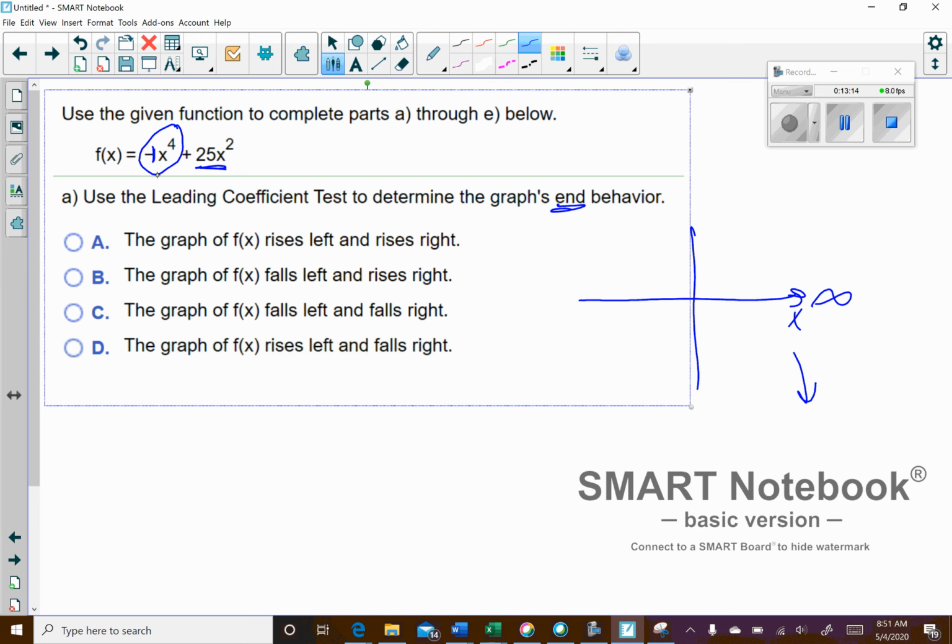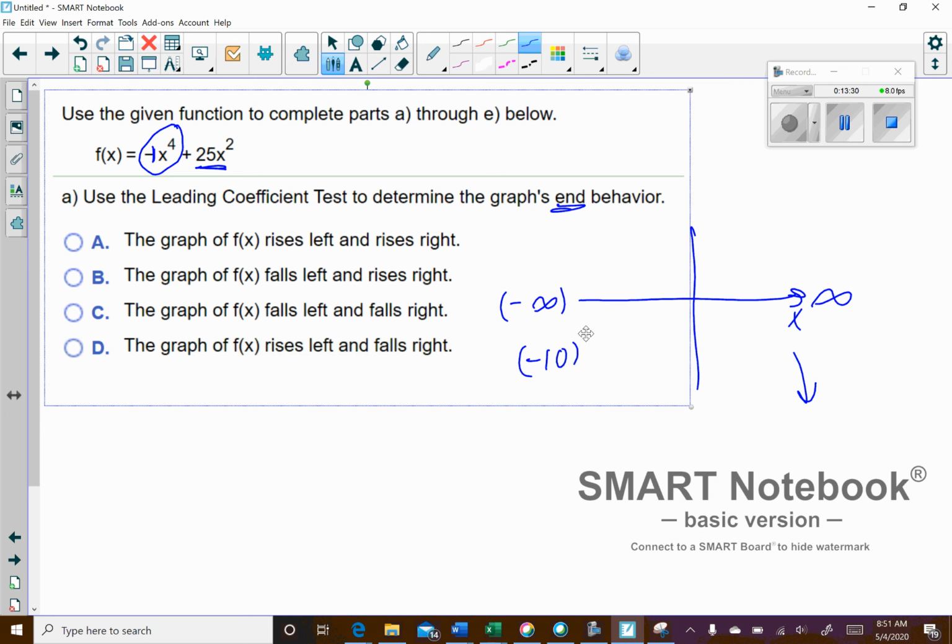Now, on the other hand, if I plug in negative infinity, or a big negative number, and raise it to the power of 4, it's going to come back positive. So for example, let's say I plug in -10.